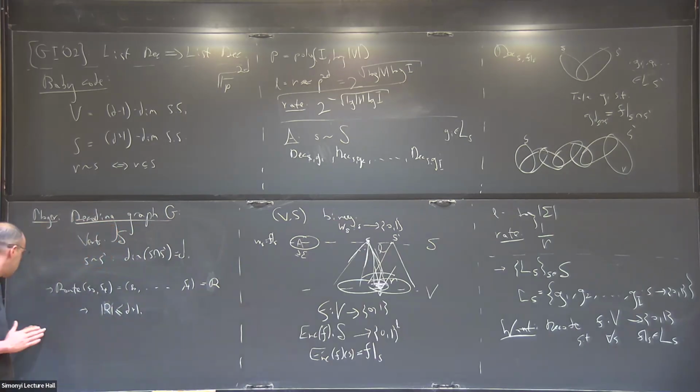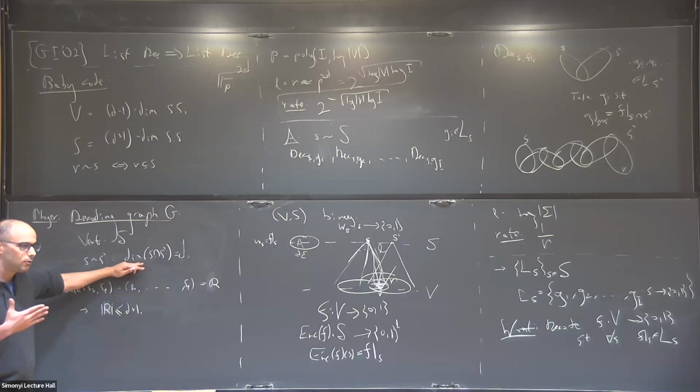And the second property that I need is that this routing scheme is random enough so that no edge in this graph is used too much. Formally, this has a name. It is sometimes called unit congestion or low congestion.